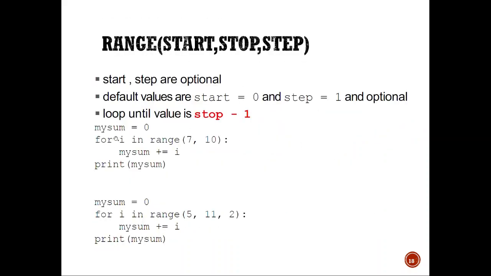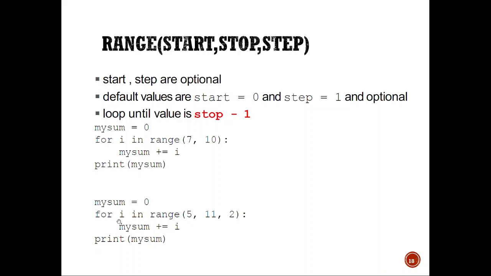For example here, if we have my sum to be 0, and we want to add all of the numbers starting from 7 until 10 without 10 being included, we would just add into the variable my sum the value of i, and then we can print out the final output.